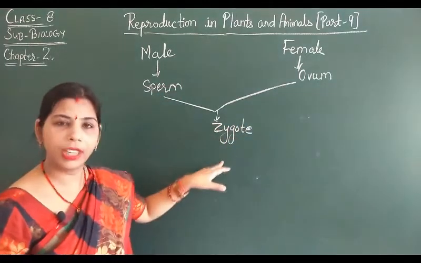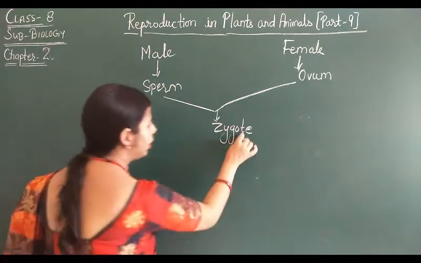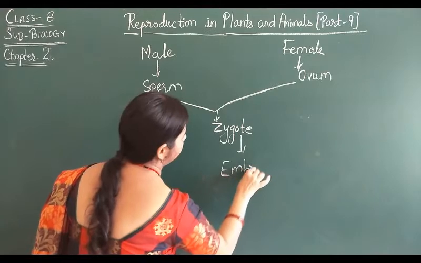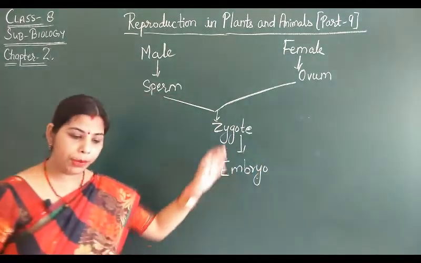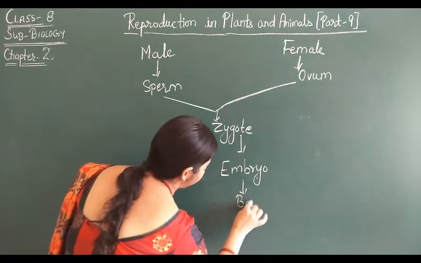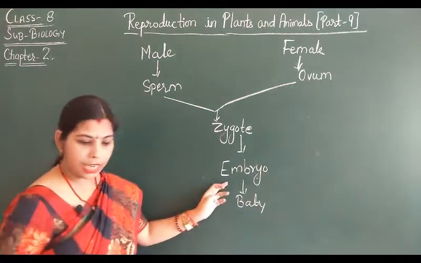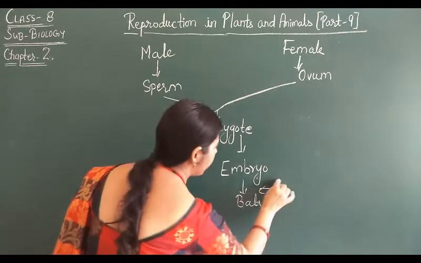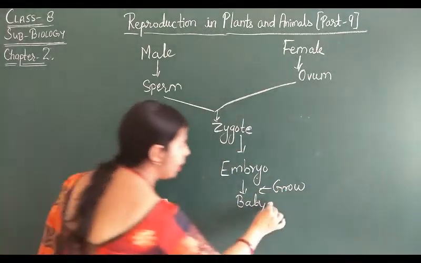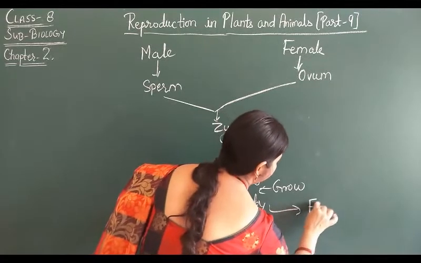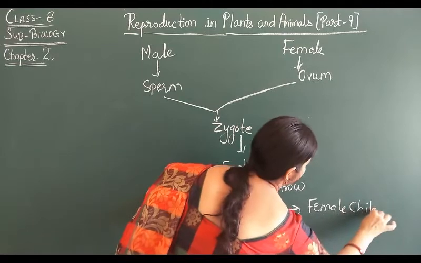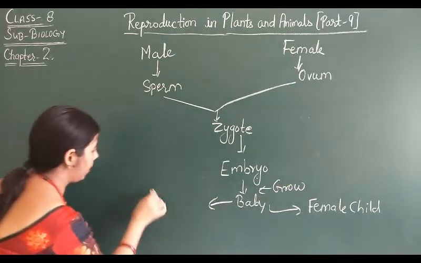That means this is fertilization. Now the zygote divides and forms the embryo. The embryo develops and grows into the baby. The baby may be either a female child or a male child.